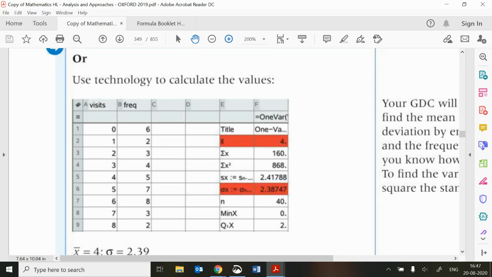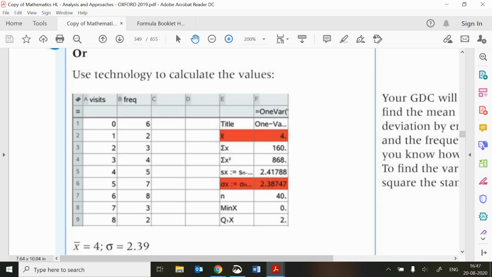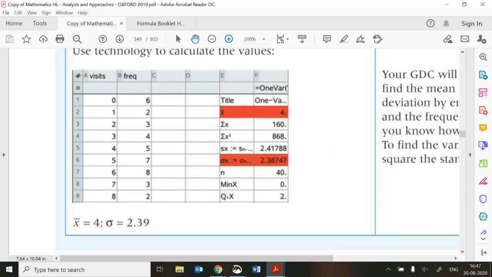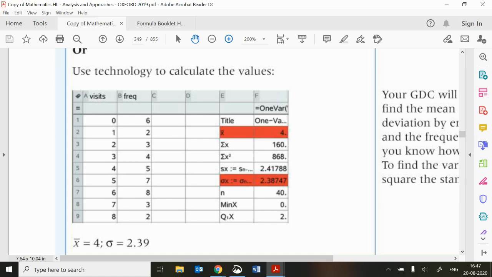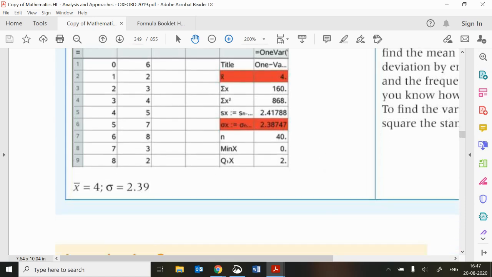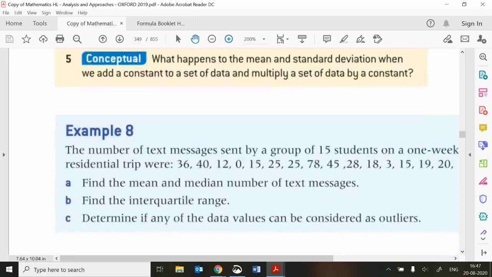That's the correction to this if it's a sample, which again I'm going to talk about later. So if this is our population, or if we're just interested in finding out the sample standard deviation, then we can use the thing which is blocked out in red there, the sigma x. Okay, so there you go. That's one variable statistics. Your calculator will give you that. And that's done, and then there's a little investigation.